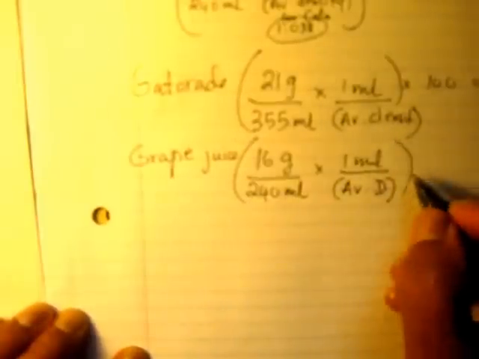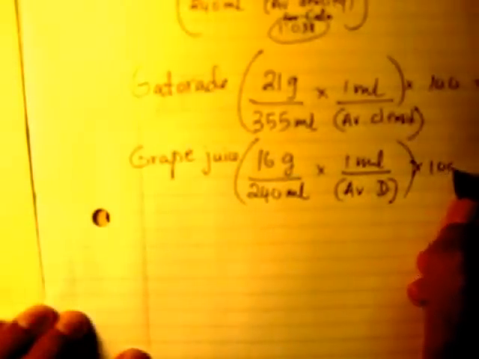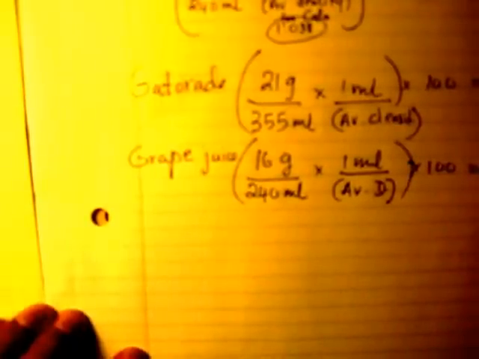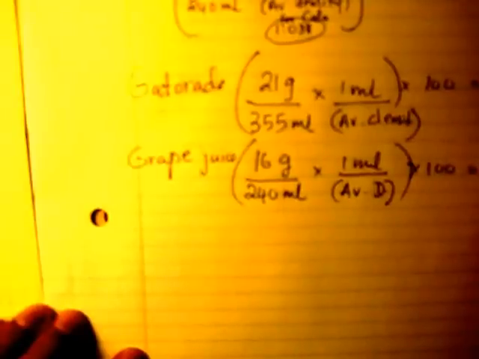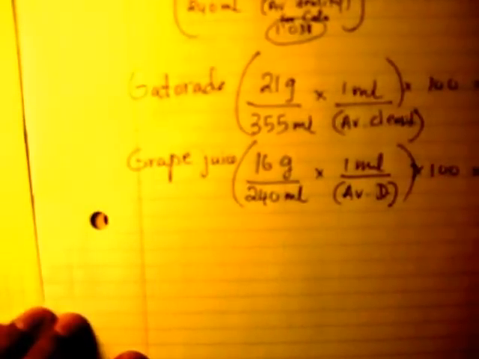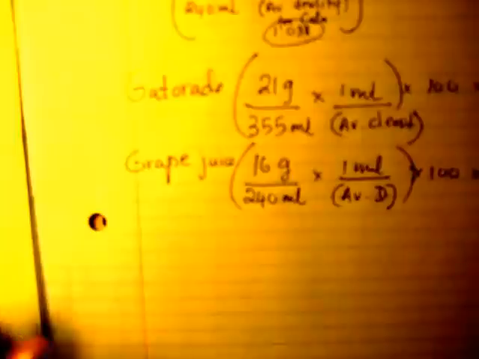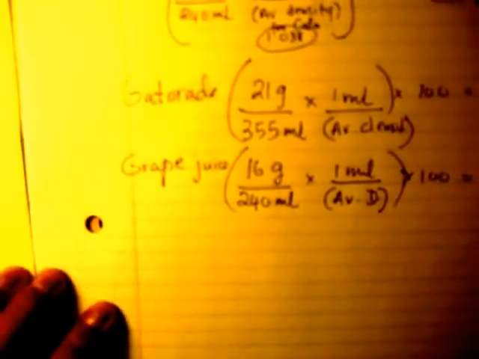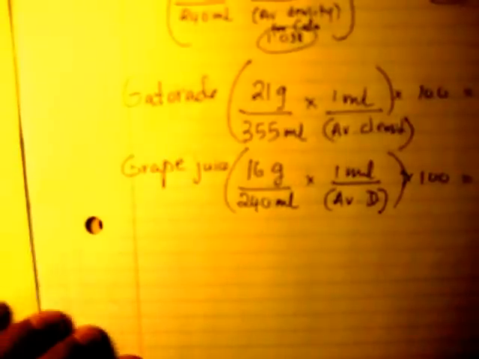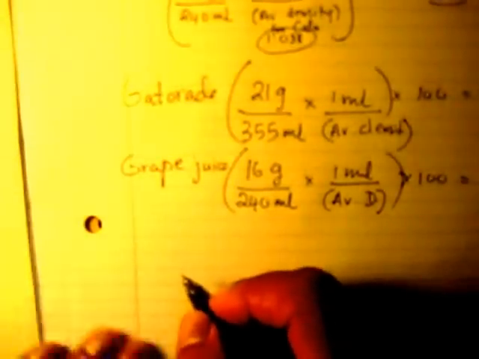Okay, so this is how you calculate the accepted value, or the actual sugar content, for your three beverages. From the calibration curve you got the experimental value. In this calculation you got the accepted value, and then you calculate your percent error in your measurement.